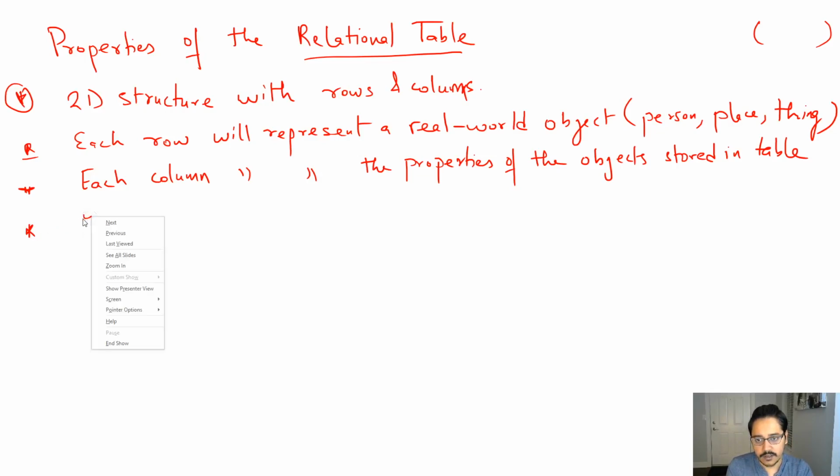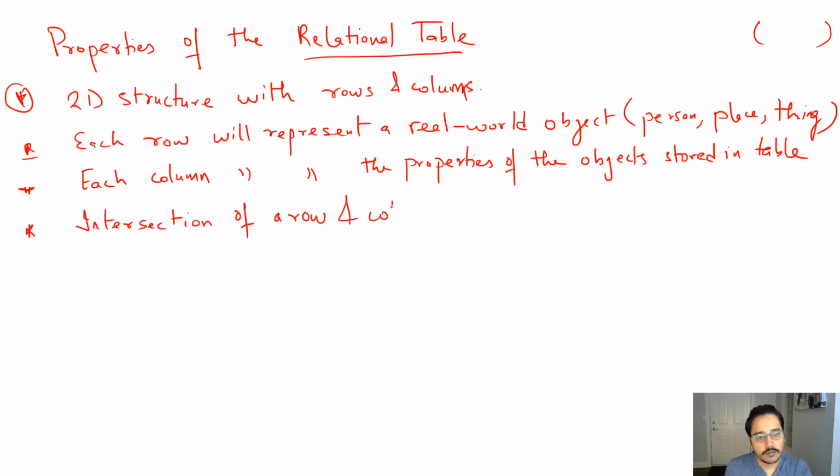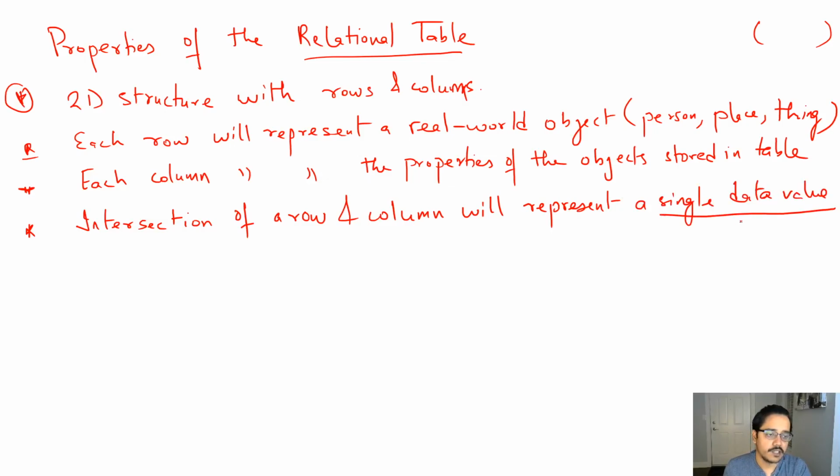The intersection of a row and column will represent a single data value. This property is very important. Okay, you always have to keep this in mind.